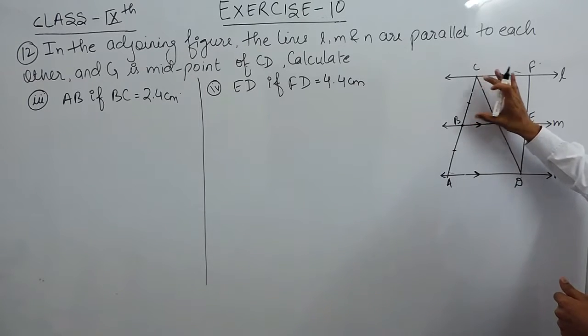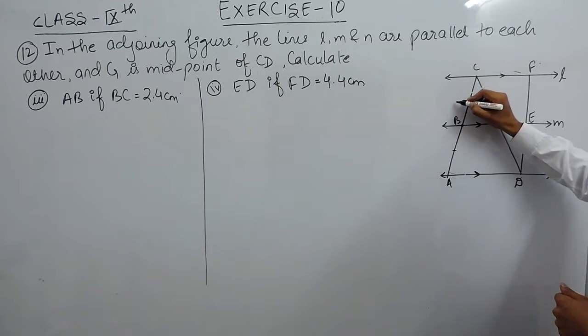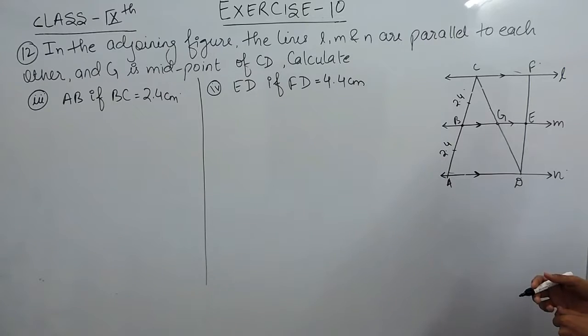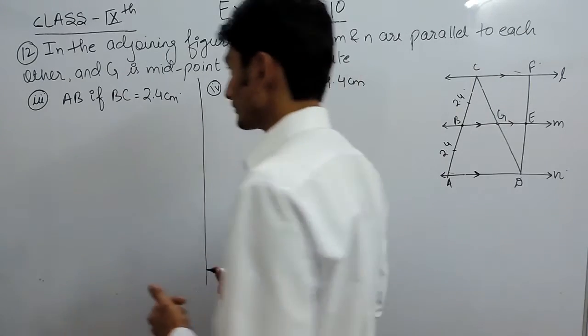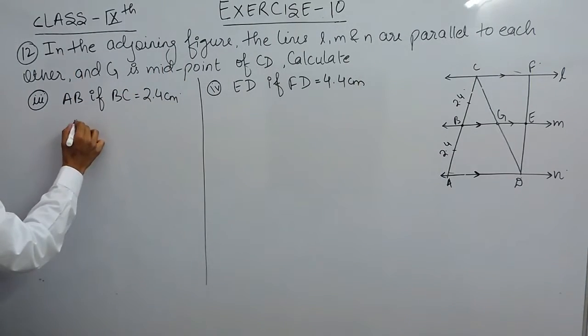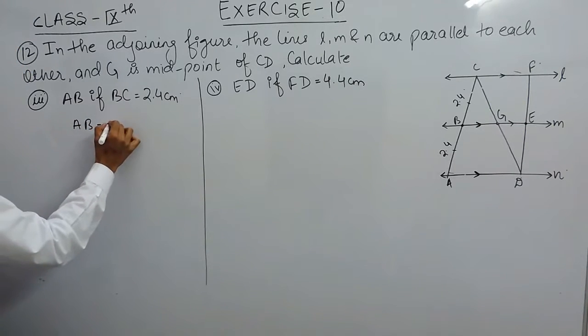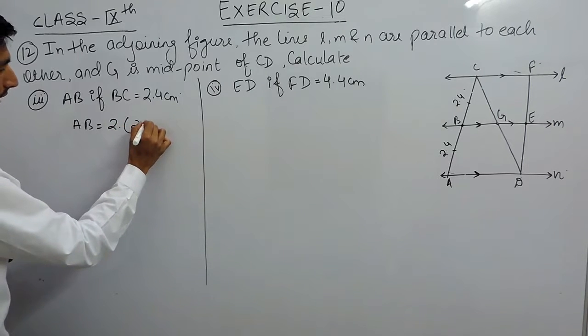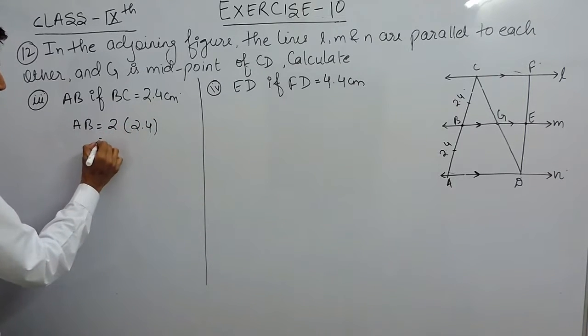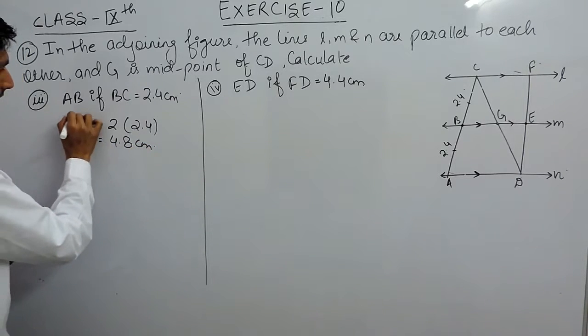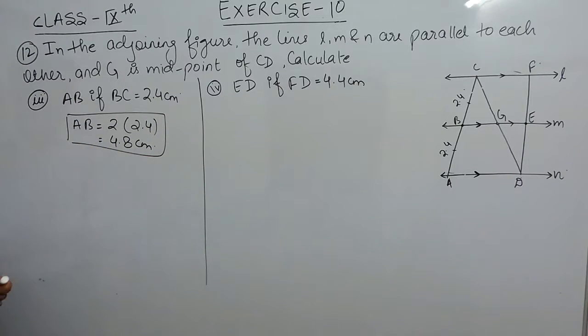And if BC in the first part is given as 2.4 centimeter, clearly this must also be equal to 2.4 centimeter. So you can say that AB must be twice of 2.4, so this should be equal to 4.8 centimeter. Here the value of AB must be equal to 4.8 centimeter.